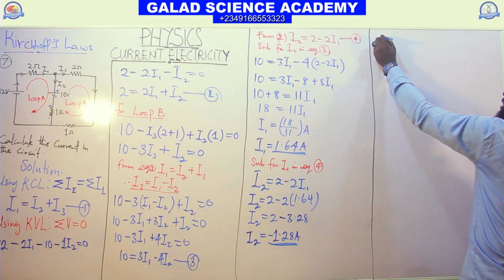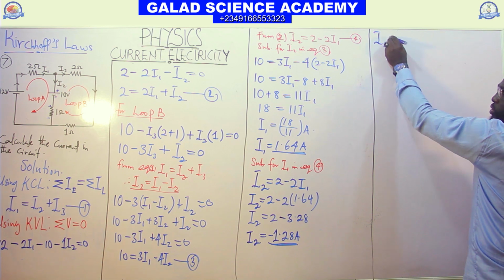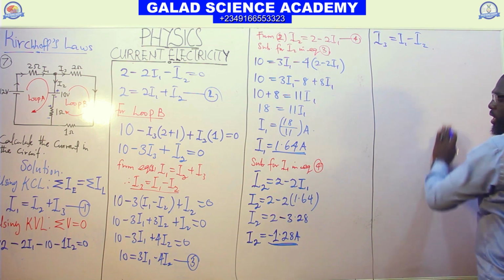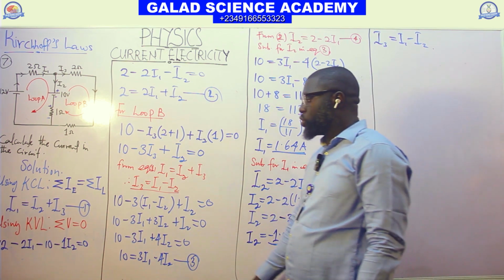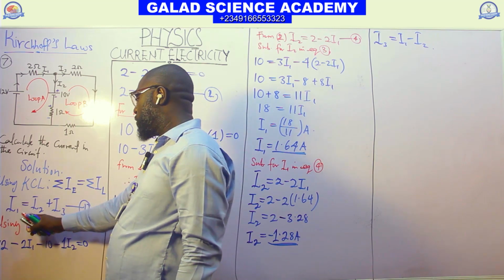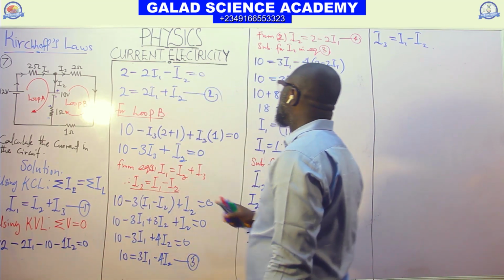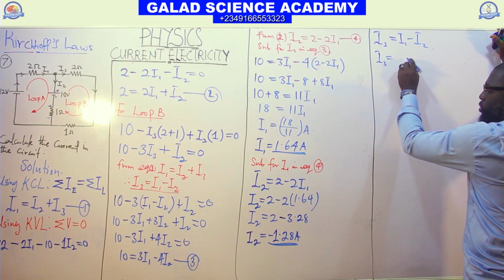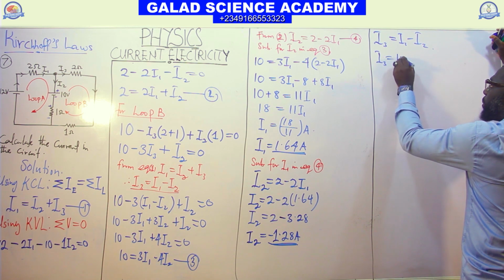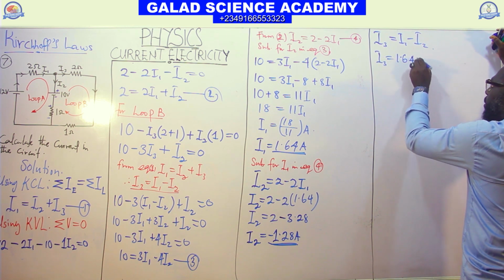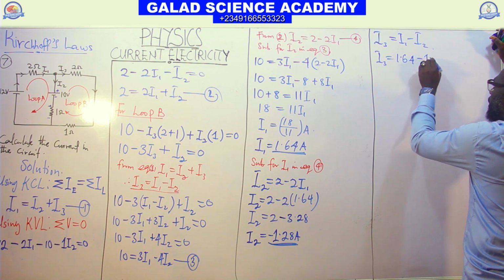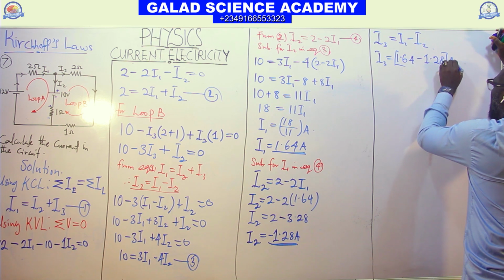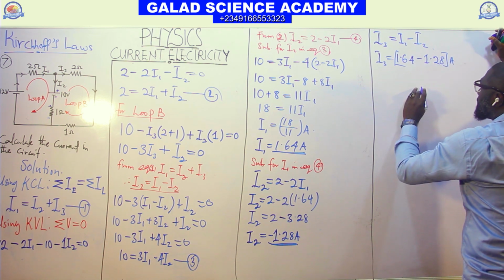As we know that I3 is equal to I1 minus I2. Check it here, from this expression. So I3 equals I1, which is 1.64, minus 1.28, everything in ampere. Subtract it.